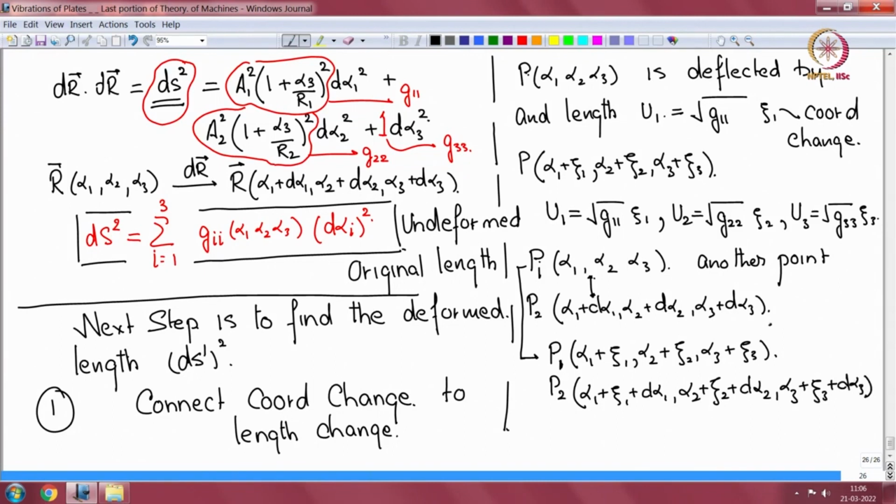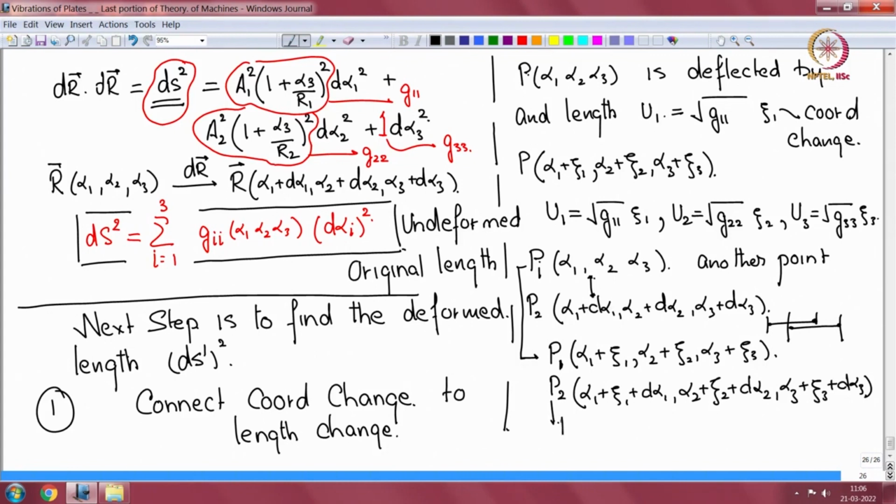So this element here has just rigidly moved. The element was here, the element is here now, it has rigidly moved. That is what this means. On top of this, P2 goes through a stretch.